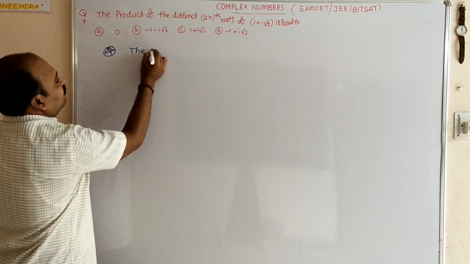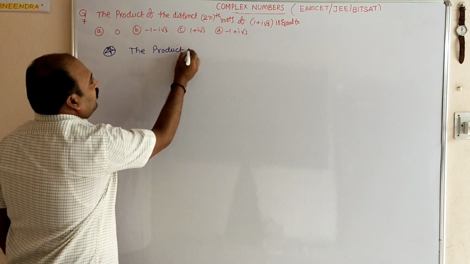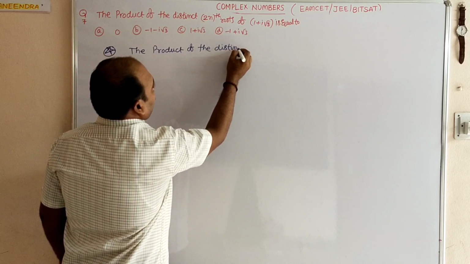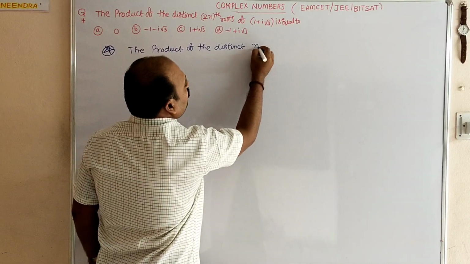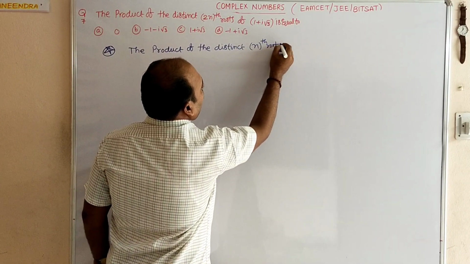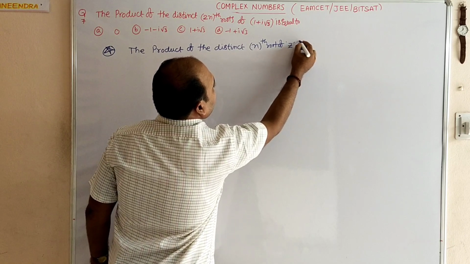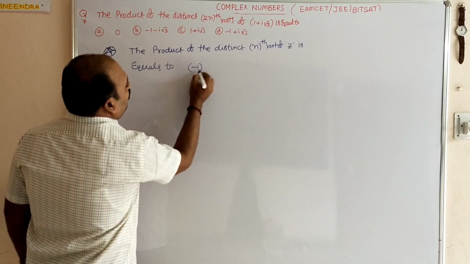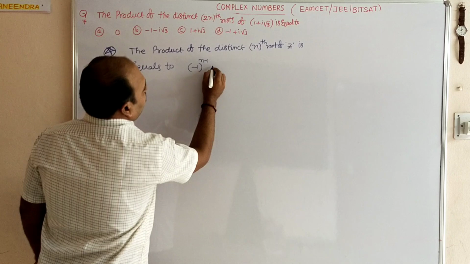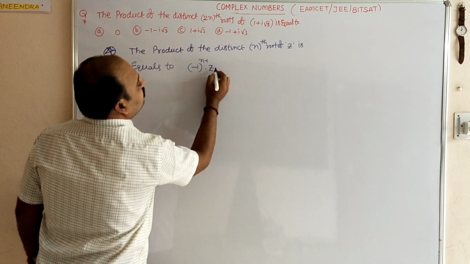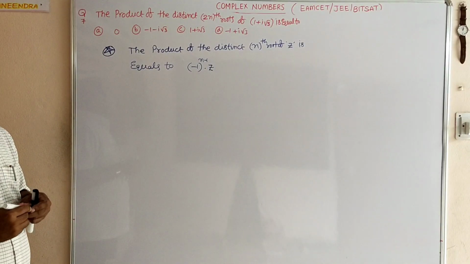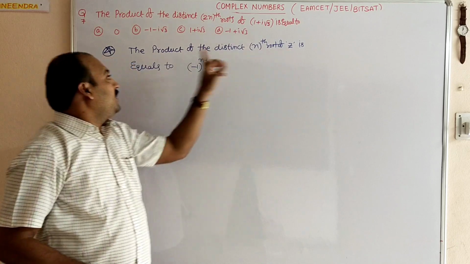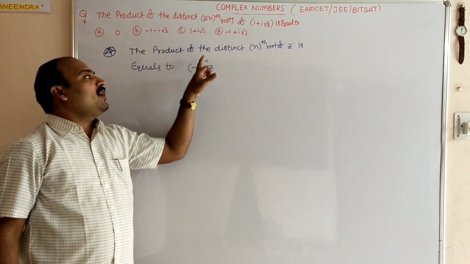The product of the distinct nth roots of z is equal to minus 1 whole power n minus 1 into z. That is the formula. The product of the distinct nth roots of complex number z is equal to minus 1 whole power n minus 1 times z.